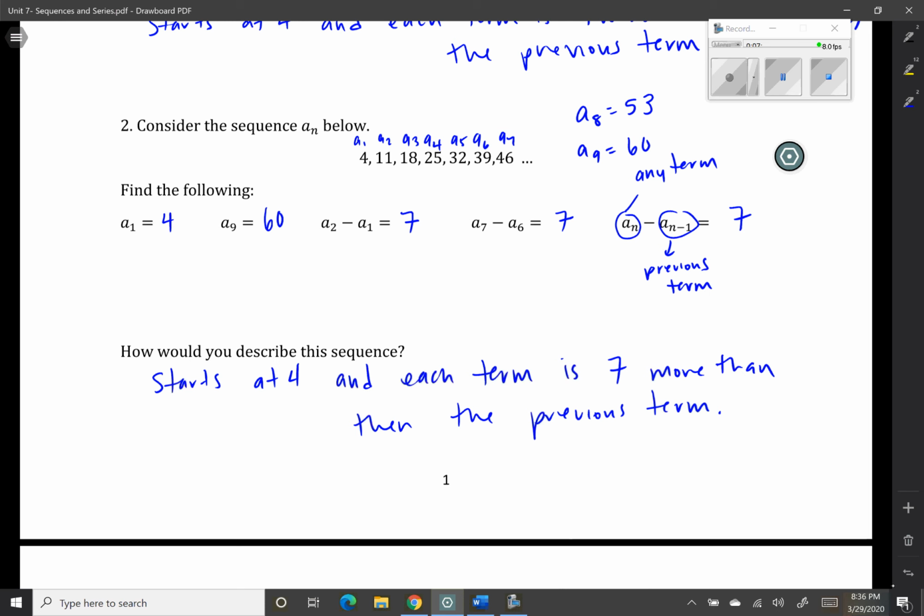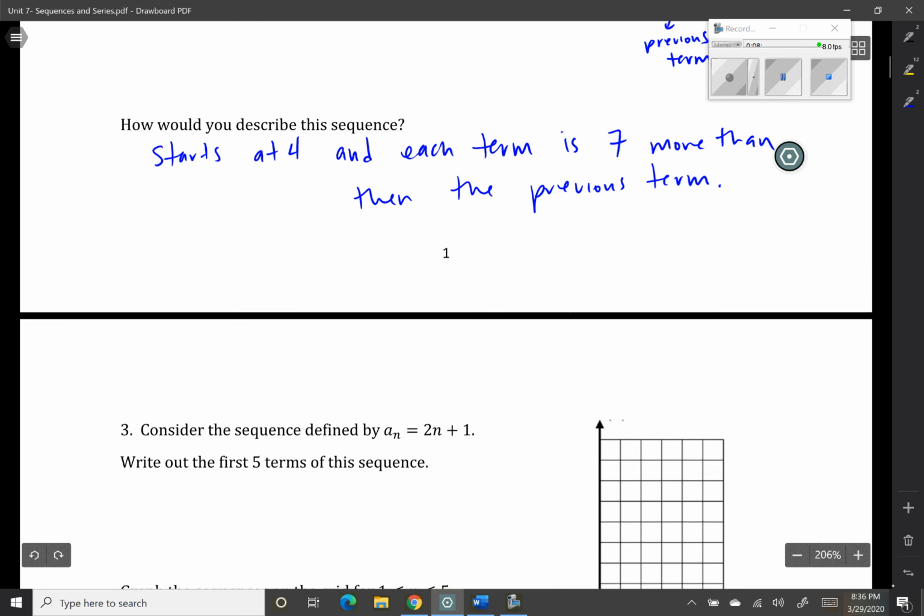By using that sentence, I can describe that to anybody and they know what our pattern is, right? Pretend you never even saw the pattern of numbers that's above, and I said, start a sequence at 4 and every term after that 7 more than the previous term. You'd be able to write the sequence 4, 11, 18 just by adding 7 every time.